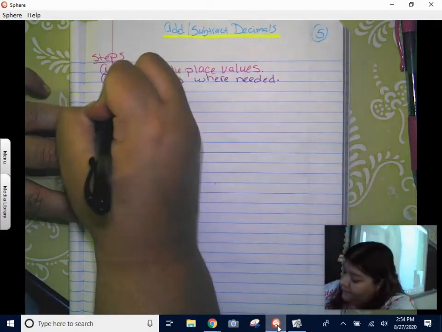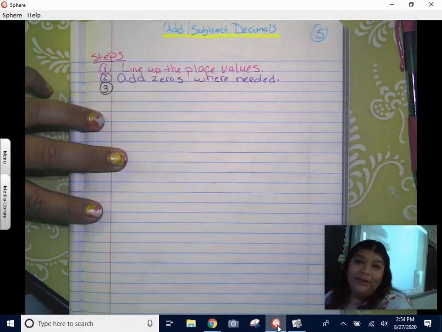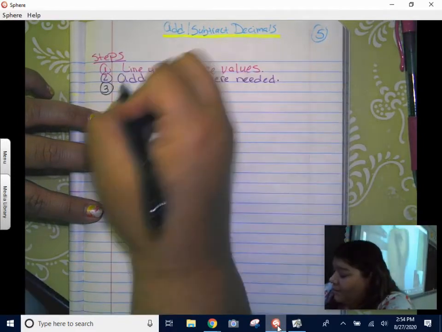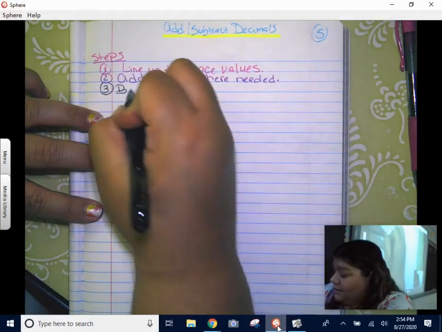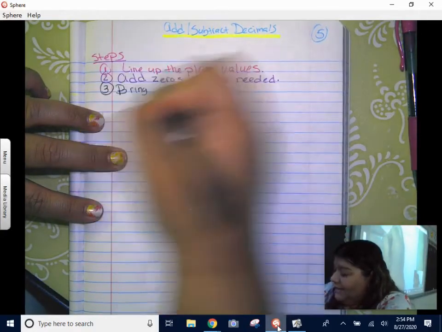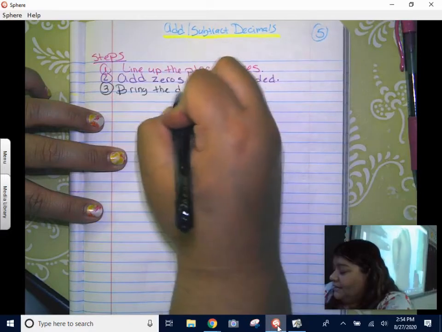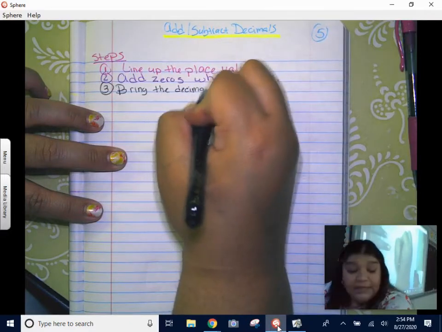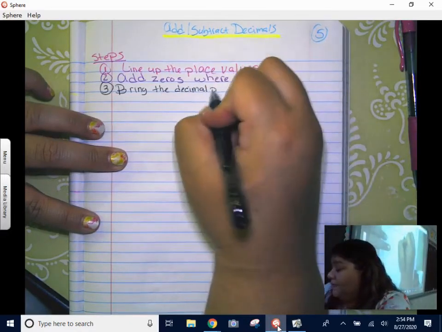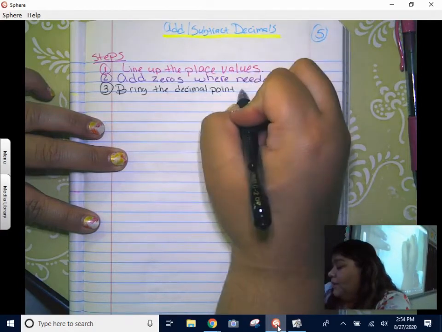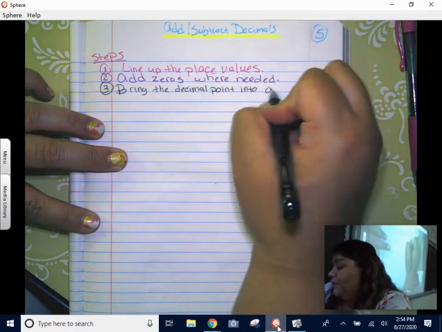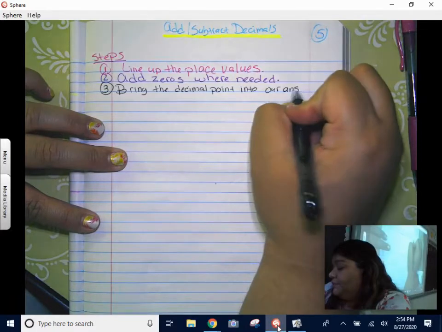Step 3. I do step 3. A lot of teachers don't do step 3. I do it because a lot of students forget to do this. Even I forget to do this sometimes. But we are going to bring, that is letter B, bring the decimal point into our answer.